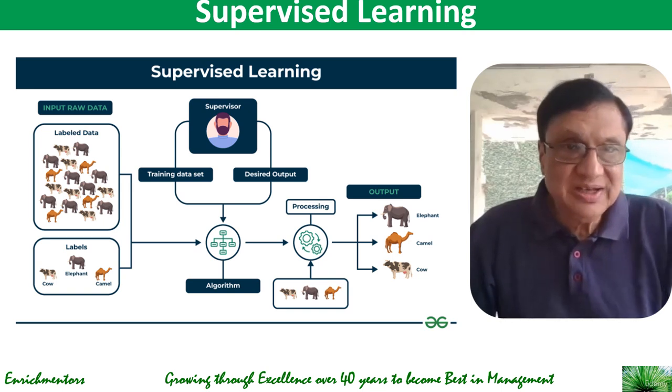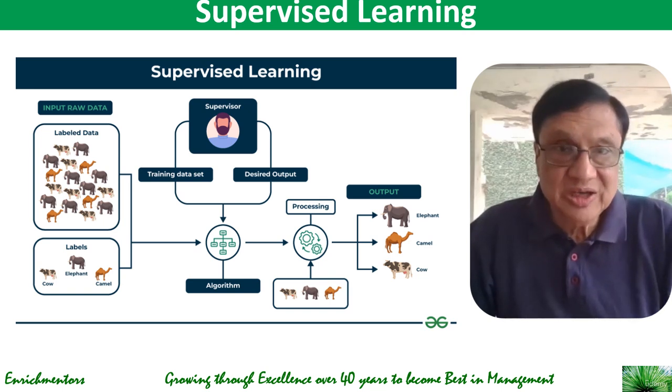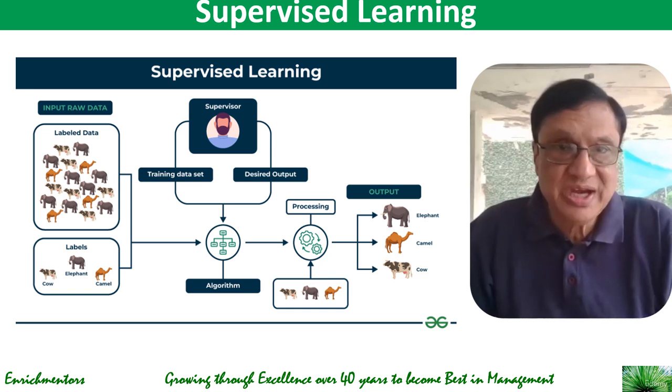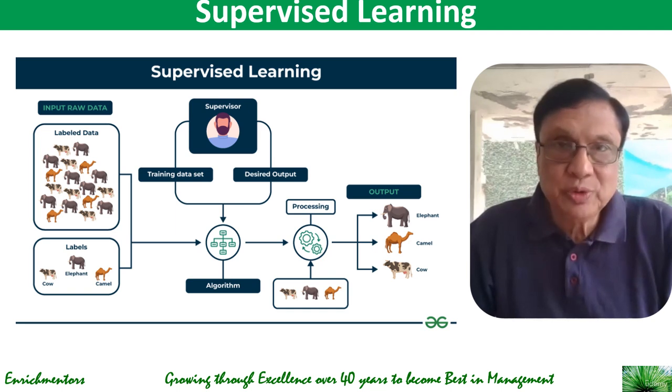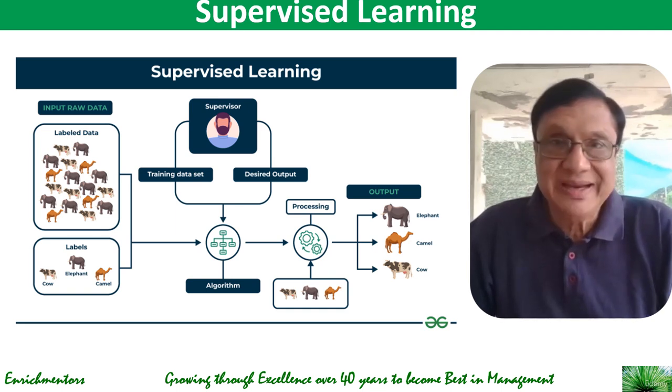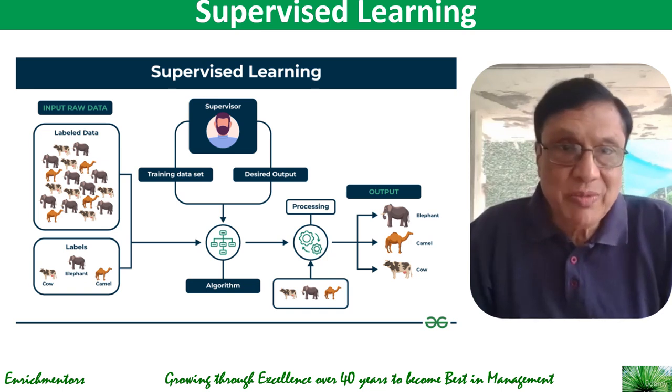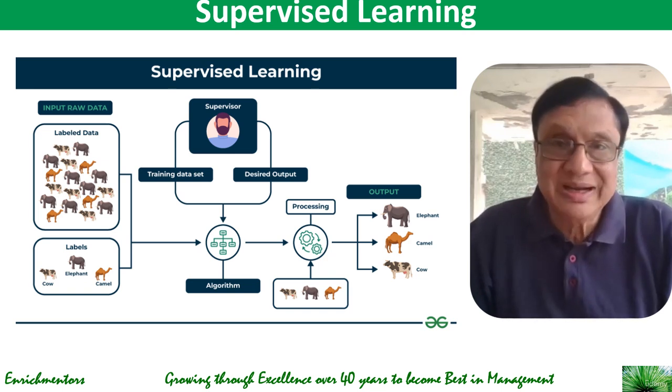In supervised learning, the data set consists of input-output pairs where each example in the data set is associated with a corresponding label or target value. And the goal is to learn a mapping from input to output based on the labeled training data, allowing the model to make predictions on unseen data.